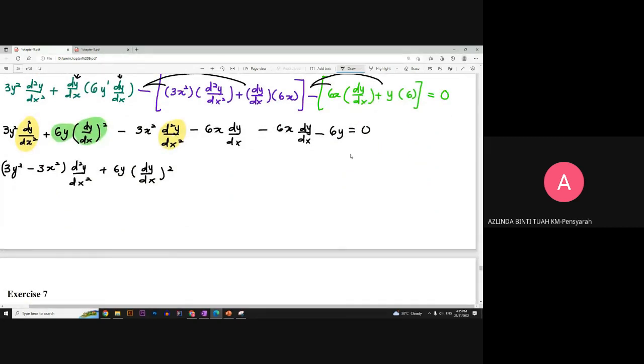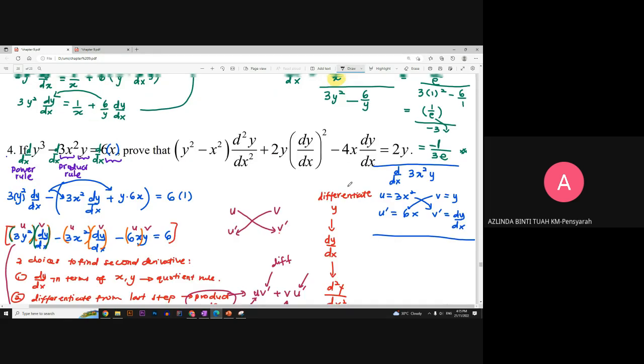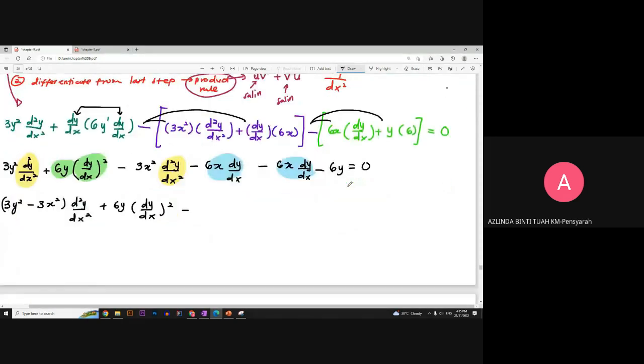Mana tadi? Yang ini. 1, 2. So tolak. Tengok dia punya sign plus ke minus? Minus 4x. Minus 4x. Kita tak dapat minus 4, kita dapat minus 12.